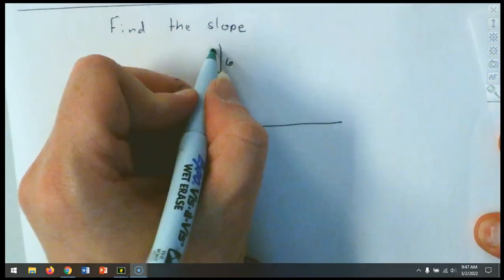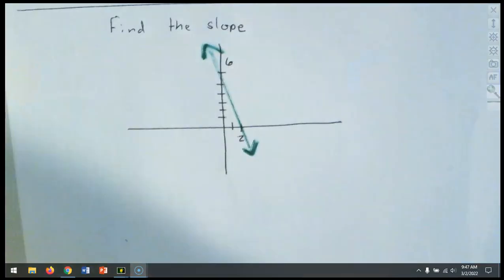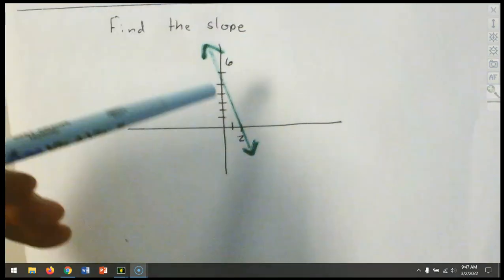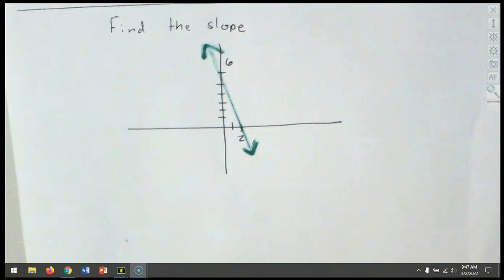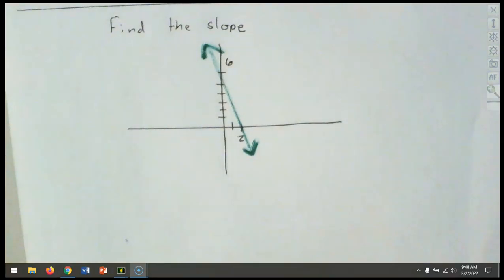And first thing I like to do is I like to think about whether the slope is positive, negative, 0, or undefined. So is this going to be a positive slope or a negative slope? If we look at it, what's it doing from left to right? Going down, right? Think of it like a stock market. When you look at the chart of the stock market, this is going down from left to right, so that means my slope is going to be negative.